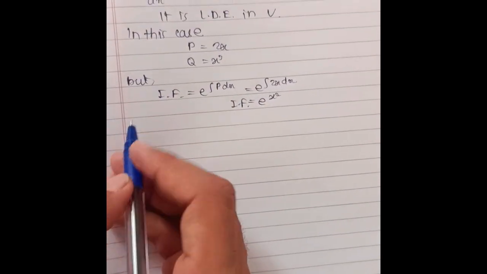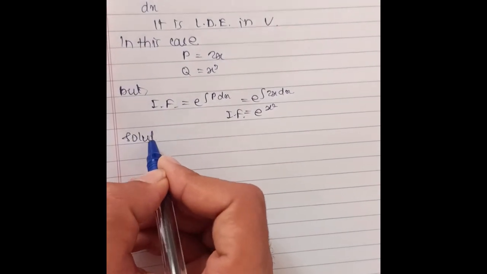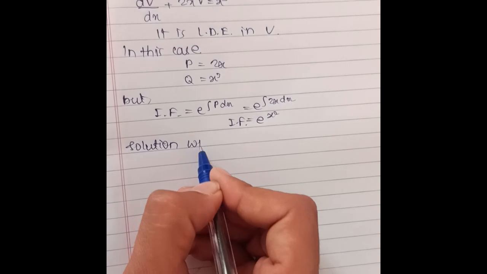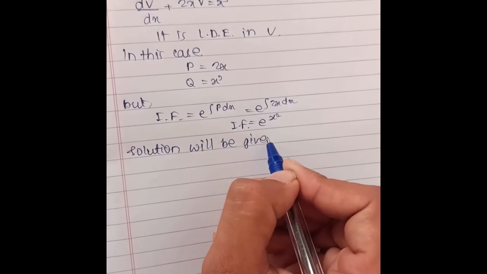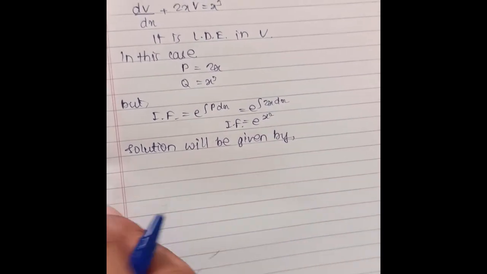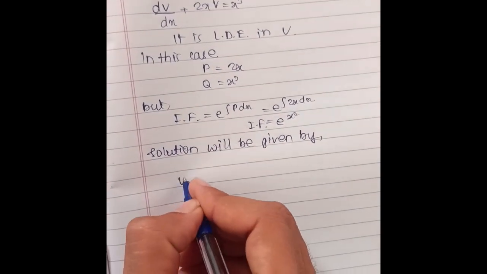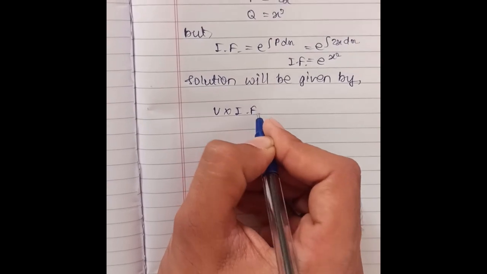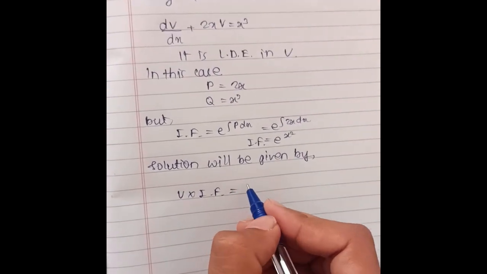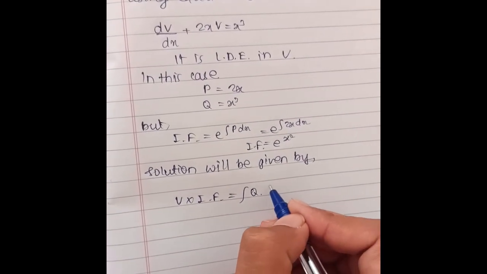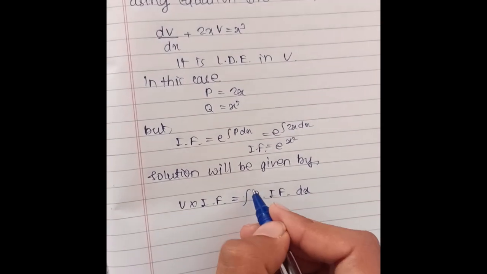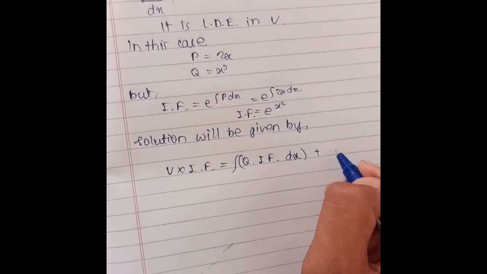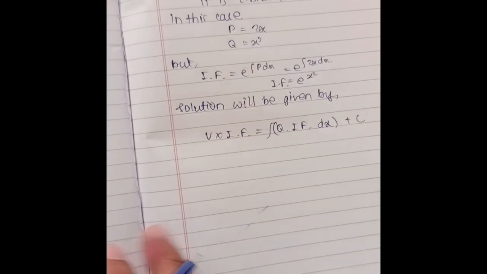The solution of this equation will be given by v into integrating factor is equal to integration of q into integrating factor with respect to dx, and overall addition of a constant.